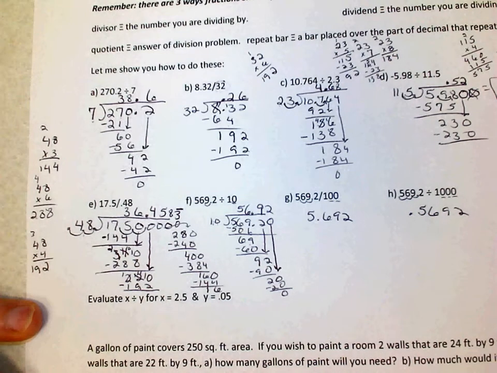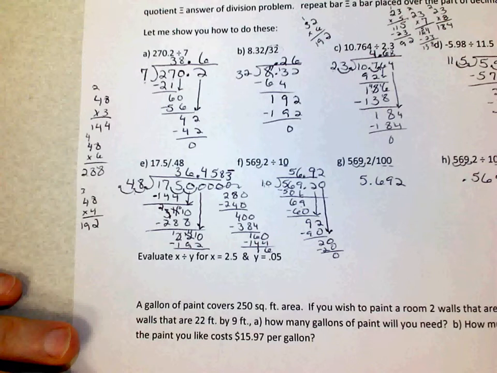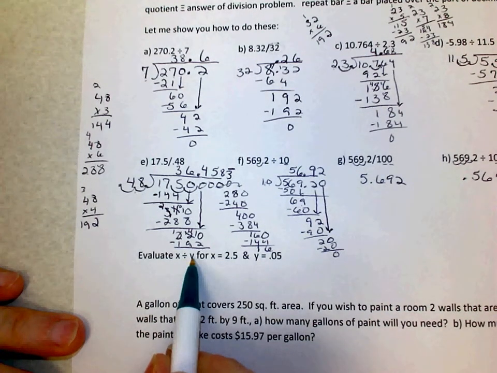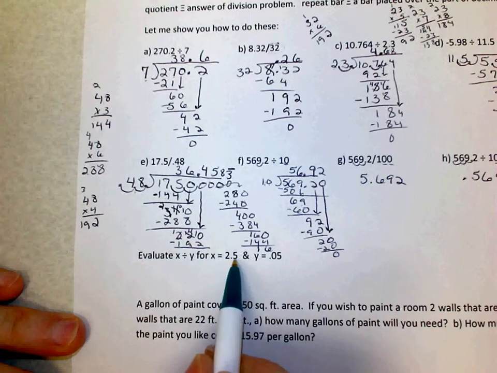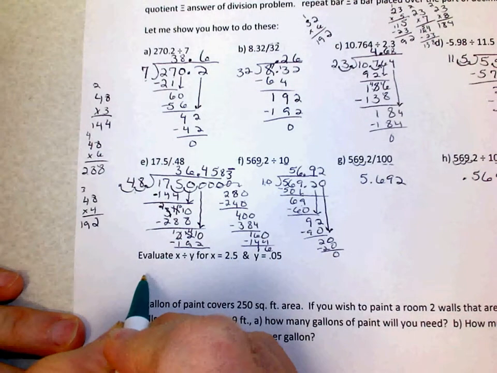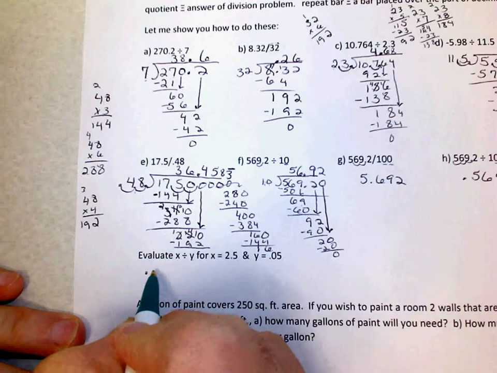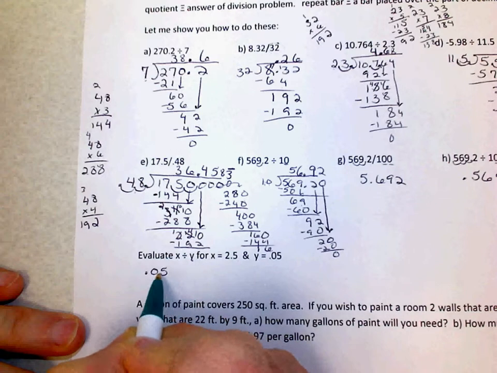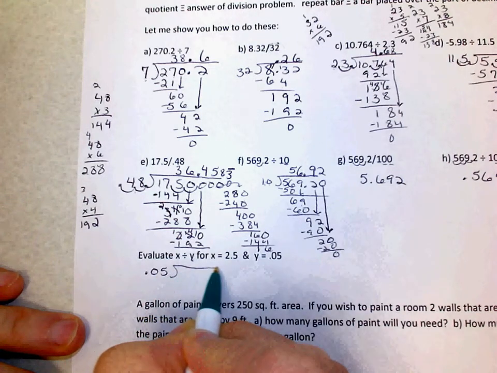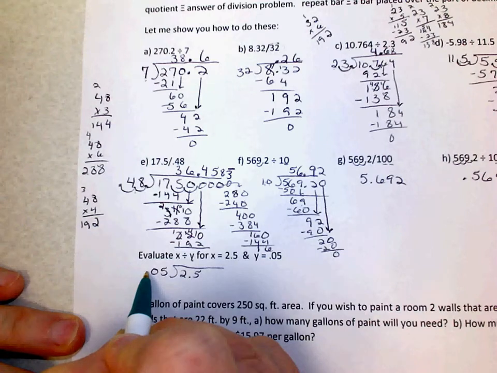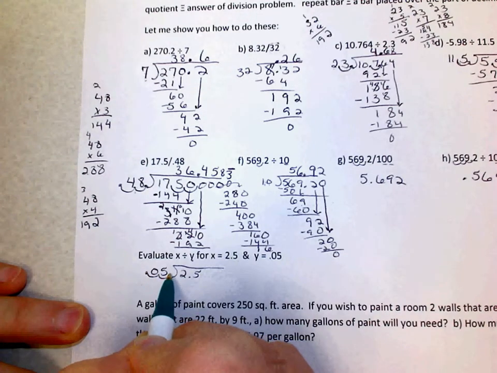Alright, evaluate x divided by y when x is 2.5 and y is 0.05. So I'm just going to automatically put my 0.05 because I know that my divisor goes first when I do long division. And 2.5, no decimal in the divisor, so 1, 2, 1, 2.